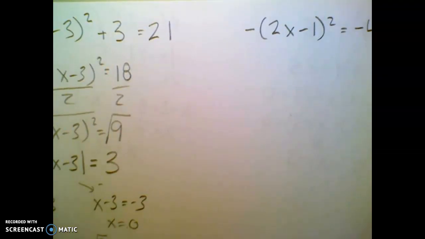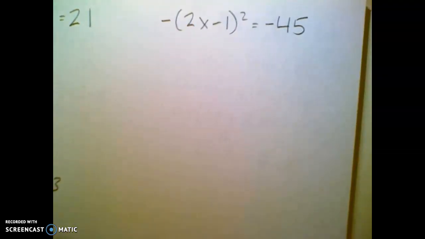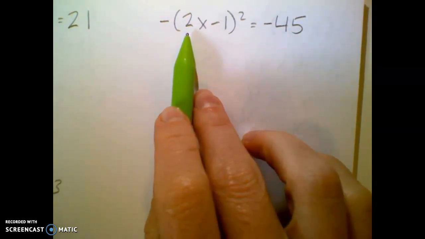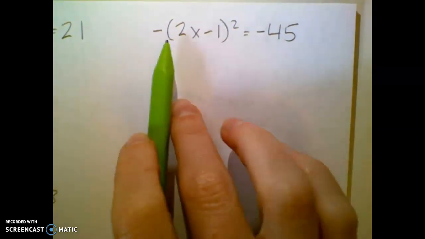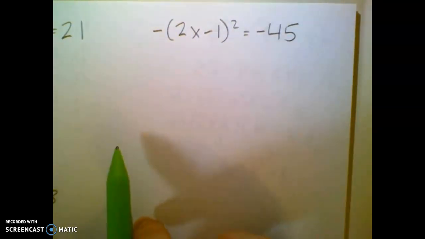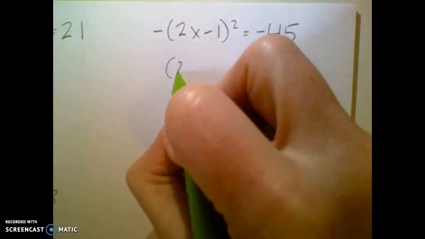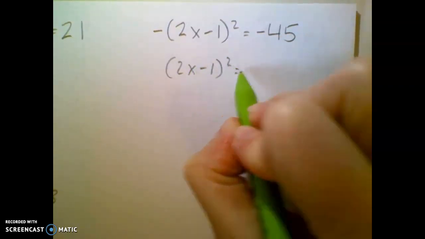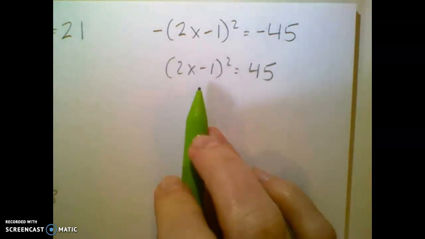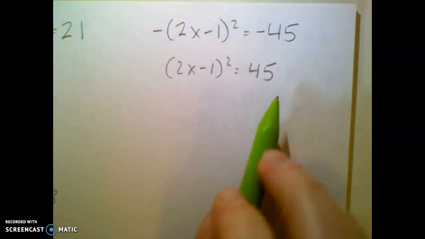Okay? All right, so now we're going to move on to the more complex ones. If they have a number on the inside, the answers are going to be messier, but still the same process. I need to isolate this squared thing, so get rid of this negative, divide both sides by negative. It literally just changes the signs on either side. Okay, I have isolated my squared term, so I'm going to square root both sides.